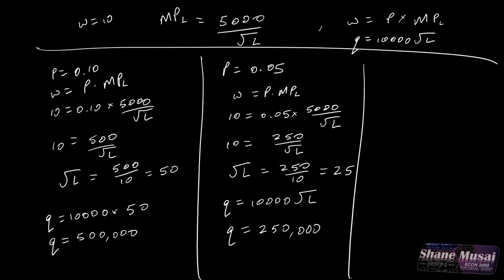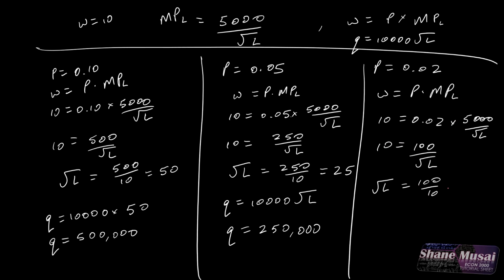Now we need to do the same thing one last time for when the price is equal to 2 cents. When you work it out, you see that the square root of L is equal to 10 in this case. Therefore the quantity would be 10,000 times 10, which is equal to 100,000. So when the price is 2 cents, the quantity output is 100,000.